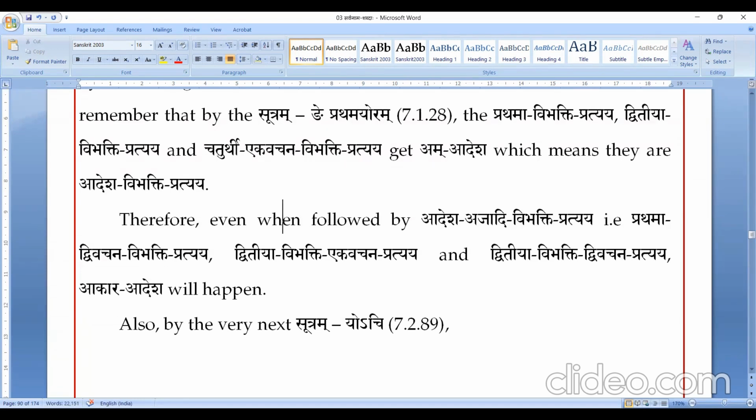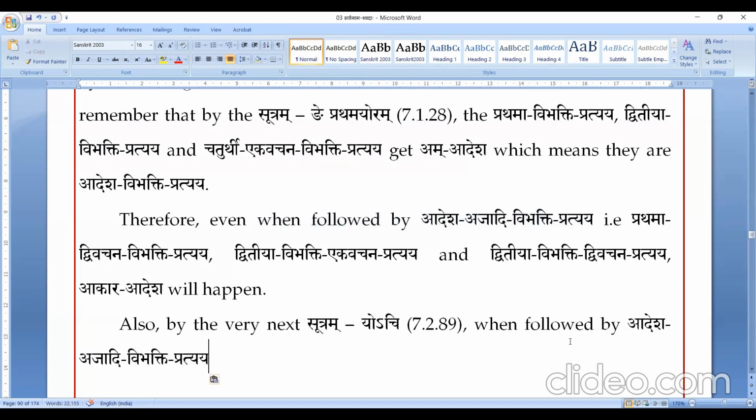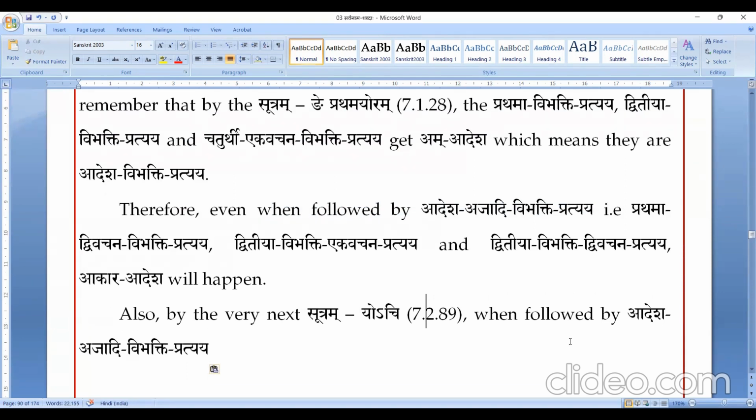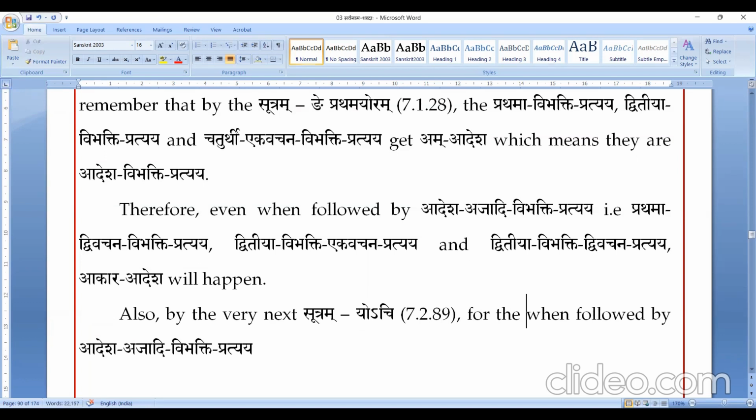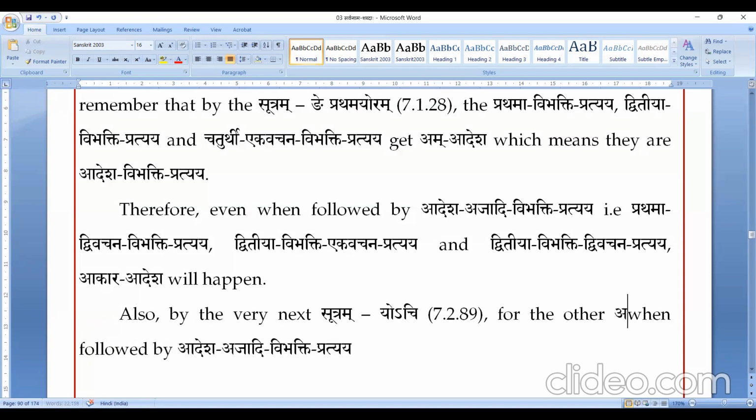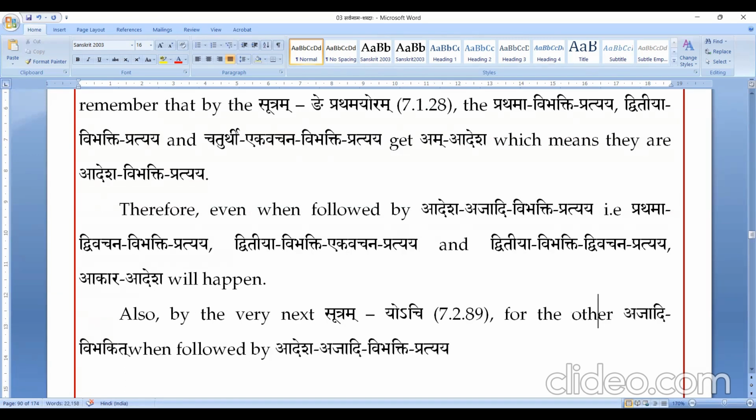When followed by Adesha Vibhakti Pratyaya, also by the very next sutra, for the other Ajadi Vibhakti Pratyaya, I would say Anadesha, because all the other Adesha we have seen so far.